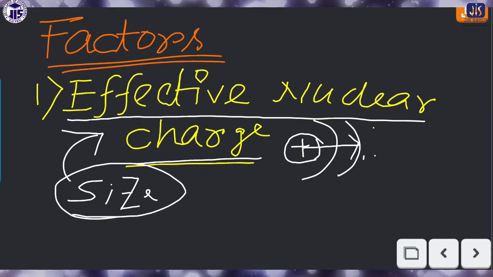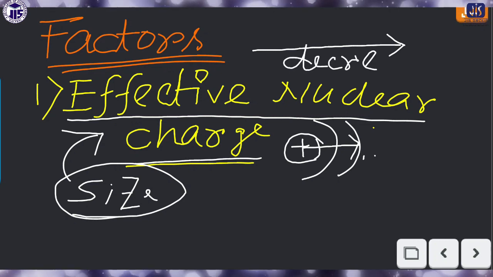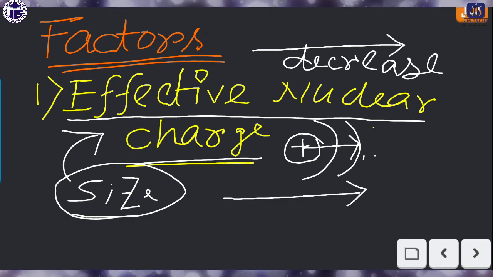On the other hand, from left to right, the size of the atom decreases. Why? Because from left to right the effective nuclear charge increases, so the size of the atom decreases. Size of the atom decreasing means that from left to right EA, the short form of electron affinity, will be increasing.